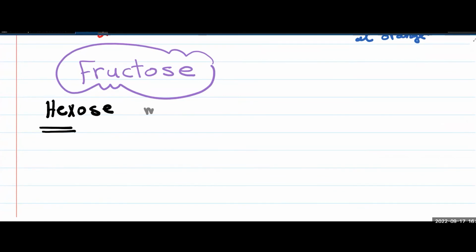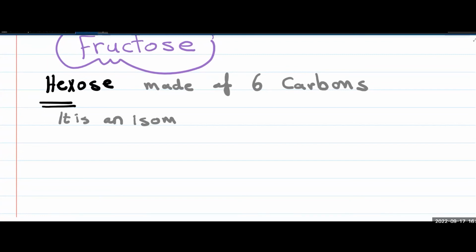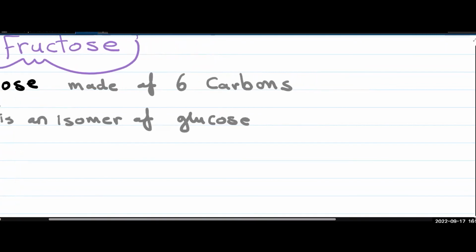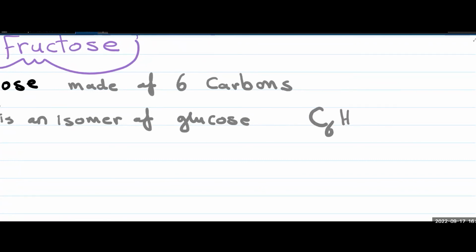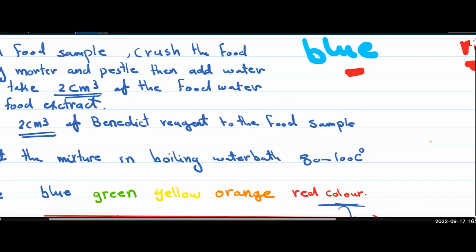Actually, fructose is an isomer of glucose. What does the word isomer mean? If I ask you to write the molecular formula of fructose, it's C6H12O6, exactly as glucose, as I wrote here.